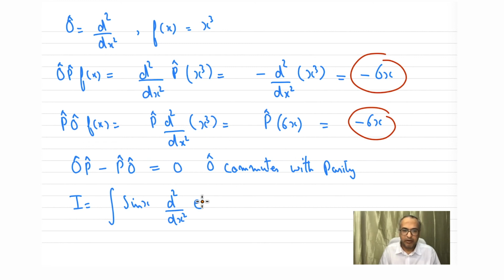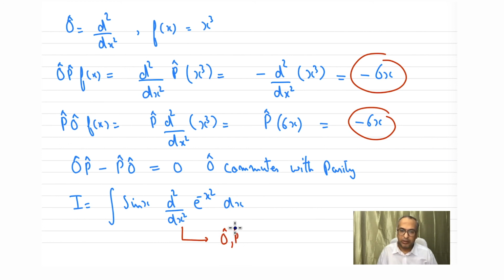Now let's say we have the function e to the power minus x square, dx. By looking at it, if we could solve it, it would be really cool. It looks like a dreadful integral to solve, but let's see what the symmetry rules say.